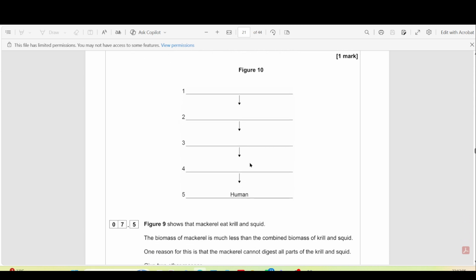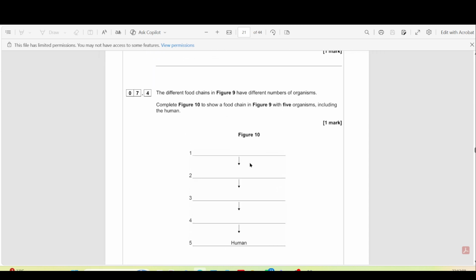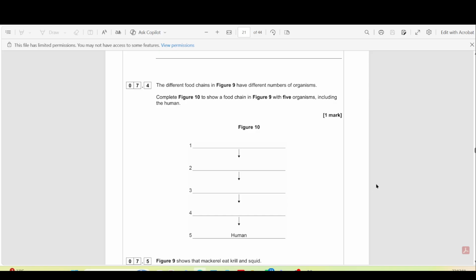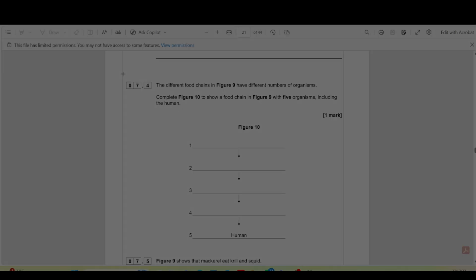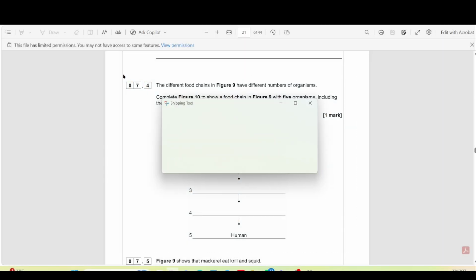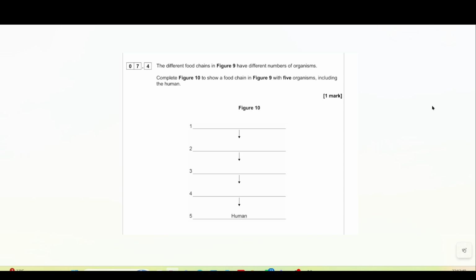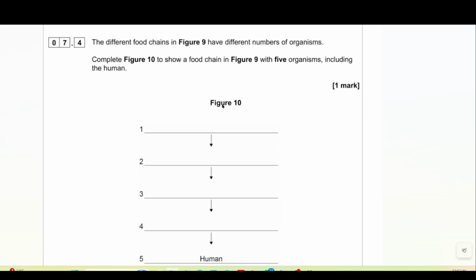The different food chains in Figure 9 have different numbers of organisms. Complete the figure to show a food chain in Figure 9 with 5 organisms, including the human and the cormorant. So we have to start with producers.